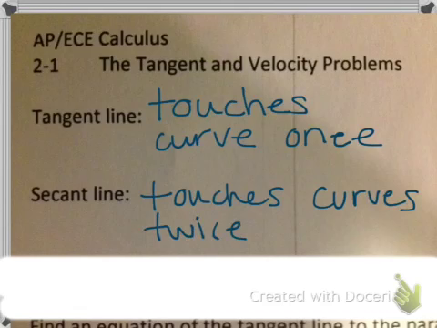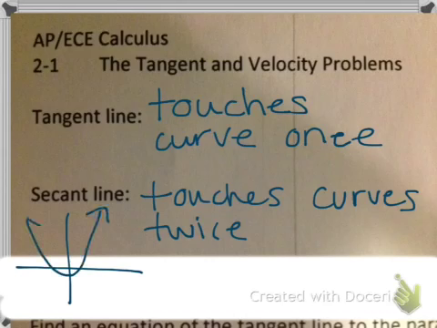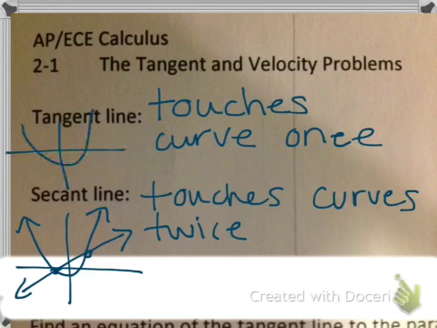So, for example, if I have a parabola and I want to draw a secant line, there'd be a secant line. It goes through the curve at 2 points. Versus if I want a tangent line and I have a parabola, it's just going to touch the parabola on the outside at 1 point. It's kind of hard to draw completely to scale.